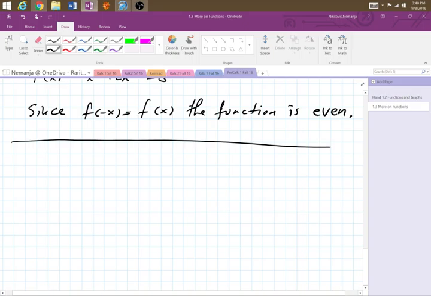So if I go and I graph y equals x, y equals x is odd. How do I know that? Well, I check the formulas. For odd, I check f of minus x is minus f of x. Is it?